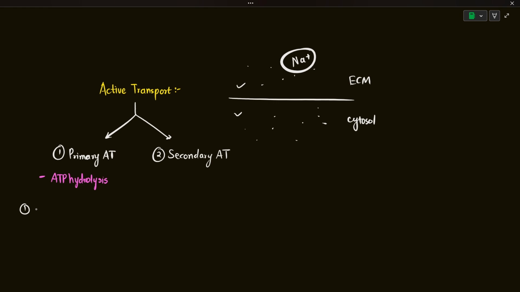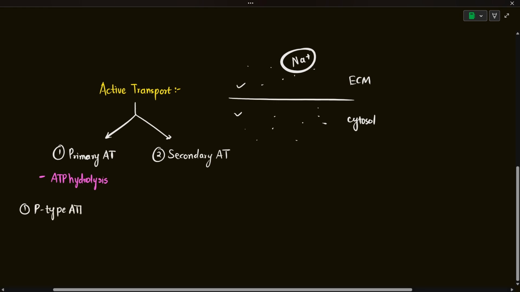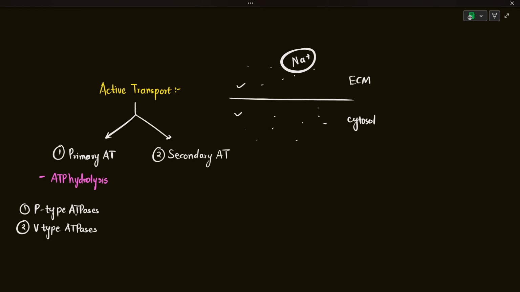So those are P type ATPases, V type ATPases, or we also call them pumps, because they are going to use energy to pump certain molecules. That is why we also refer to them as pumps.